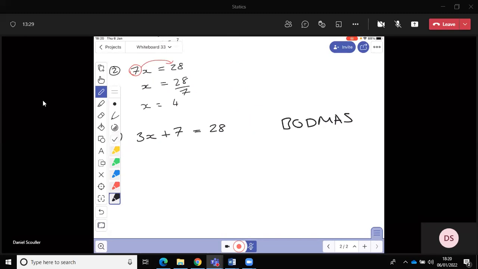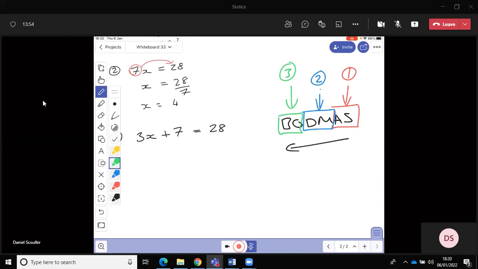When we are moving stuff about, we do that in reverse. The first things you want to move are the add and subtract. Second, divide and multiply. The third things to break apart are your brackets and your orders.